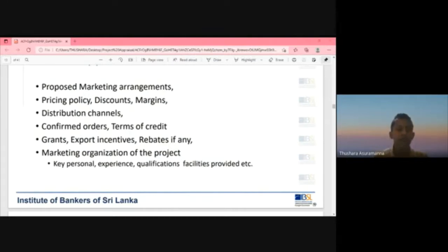Then propose marketing arrangements, like pricing policy, discounts, margins, distribution channels, confirmed orders, terms of credit, grants, export incentives, rebates, marketing organization of the project, where key personnel experience, qualification, facilities provided. Those are the rest of the checklist that you may go into for the market appraisal.